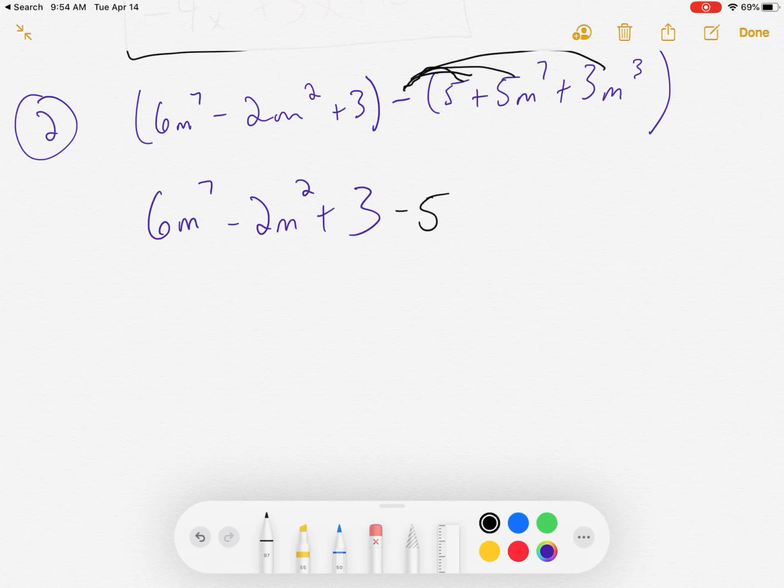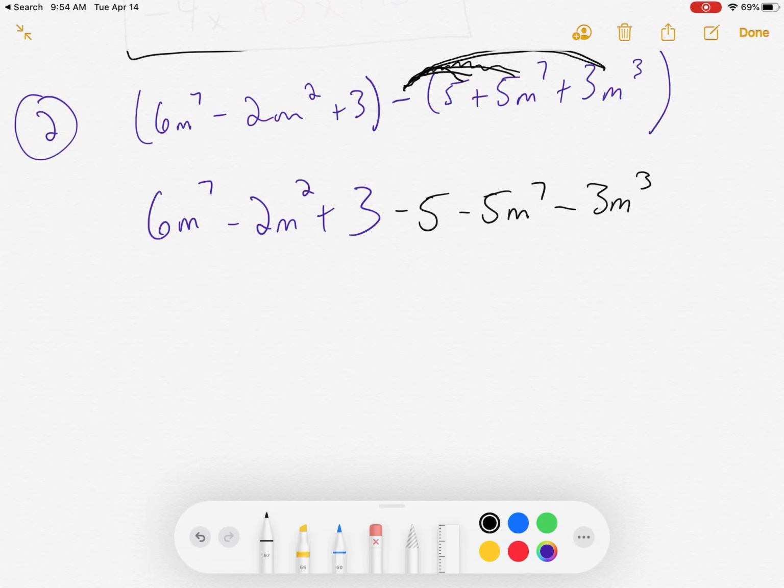Next up, it comes negative 5 when I distribute the negative. I'm going to distribute my negative to the next one as well. So instead of plus 5m to the 7th, it's going to become minus 5m to the 7th. And last but not least, when I distribute the negative sign to the 3m to the 3rd, it becomes minus 3m to the 3rd.